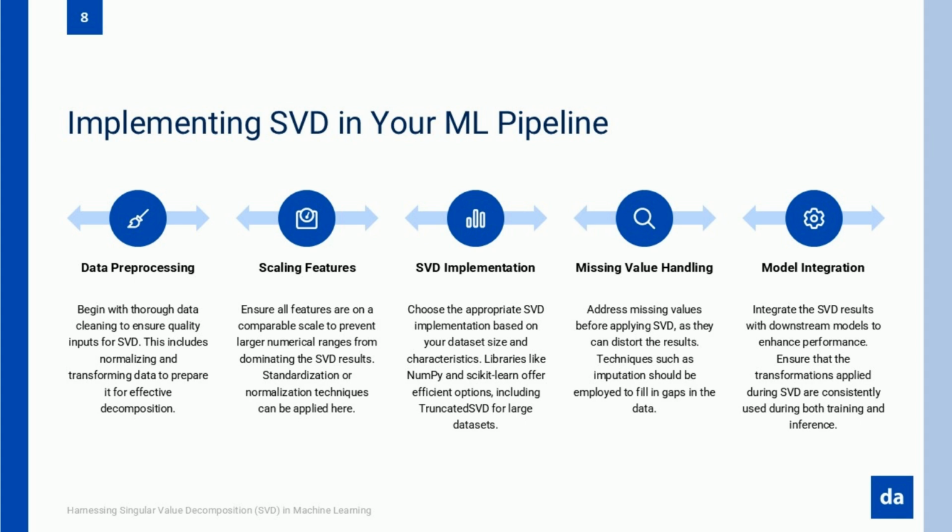For example, after applying SVD to reduce dimensionality, the transformed data can flow seamlessly into classification or regression models. This integration not only enhances model performance by reducing noise, but also decreases computational load during both training and inference stages. In recommender systems and image processing applications, this pipeline structure becomes particularly valuable.